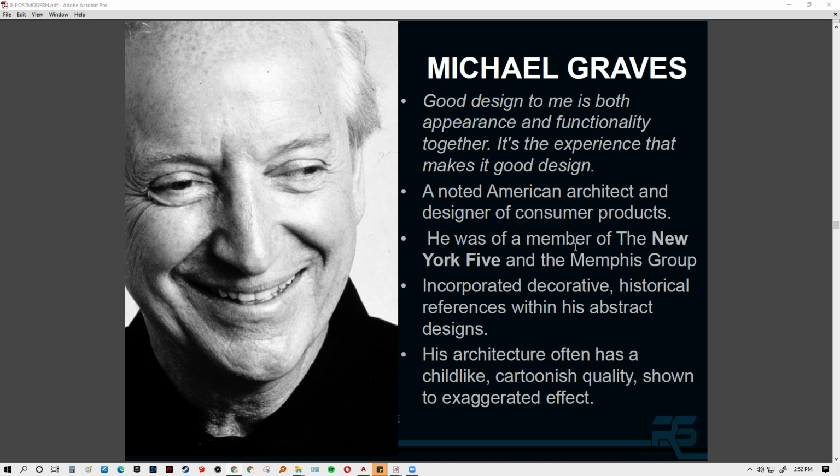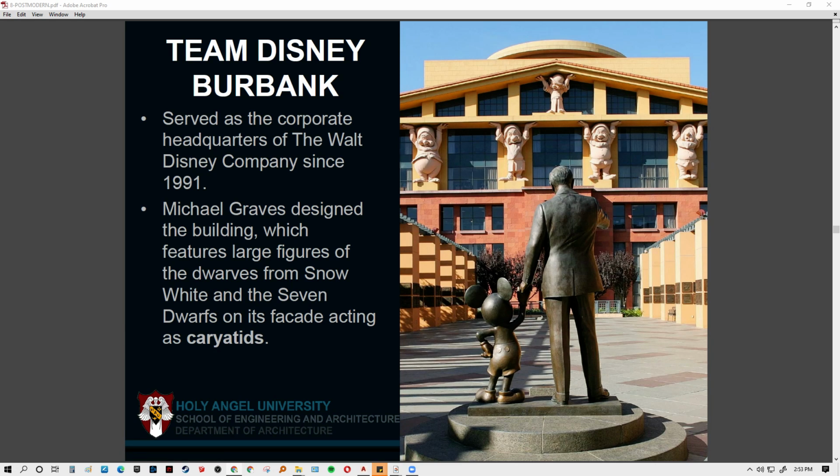So his design is incorporated with historical references and an abstract way of referring to some of these historical designs or elements. So one of these is the Team Disney Burbank, which serves as the corporate headquarters of Walt Disney since 1991. So he uses the seven dwarfs as caryatids in this structure, then it has the basic features of old structures or old cathedrals.